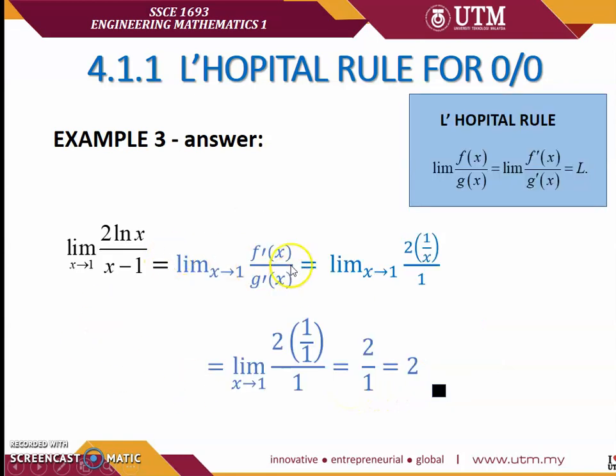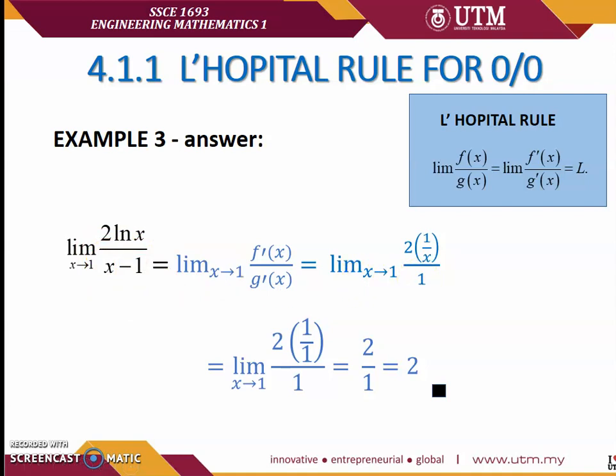For 2 ln x, just refer to the formula table: the differentiation of ln x is 1 over x. The differentiation of x minus 1 is 1.